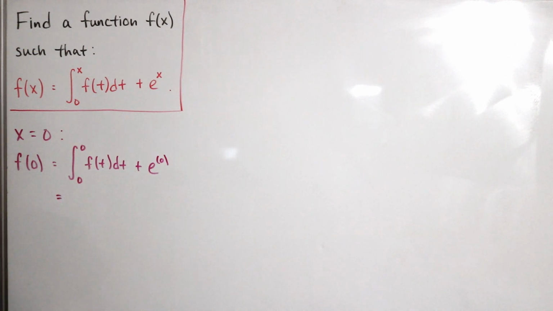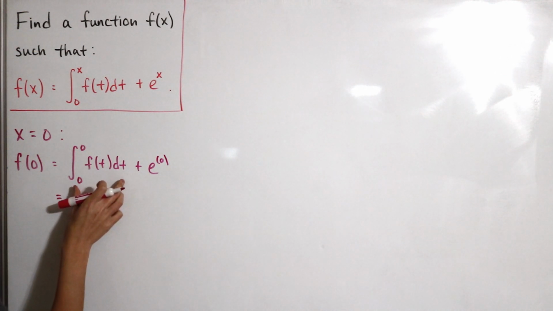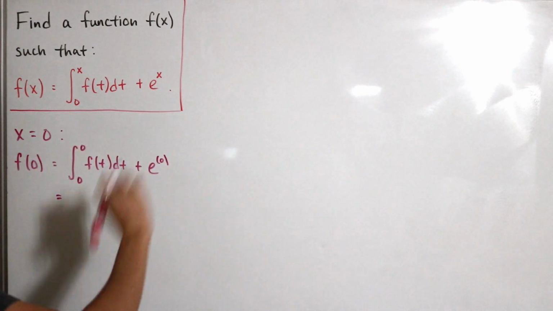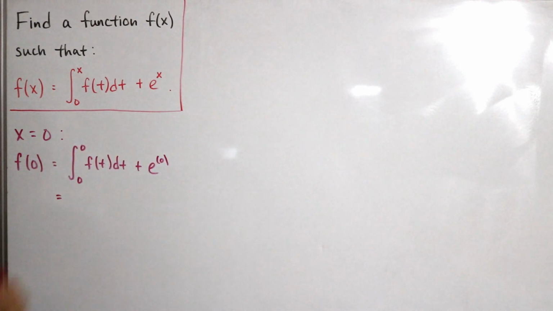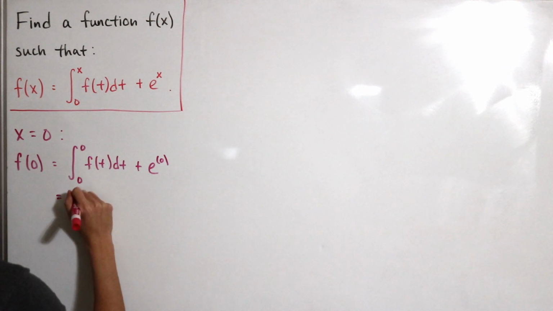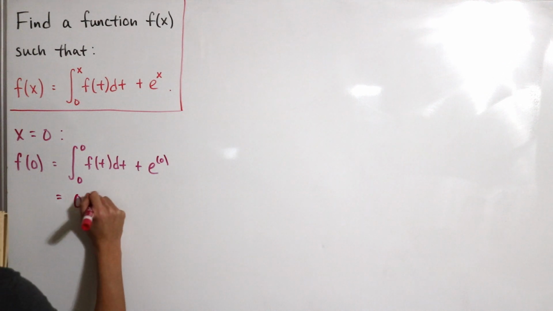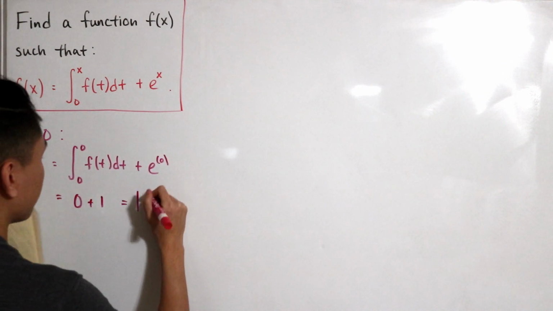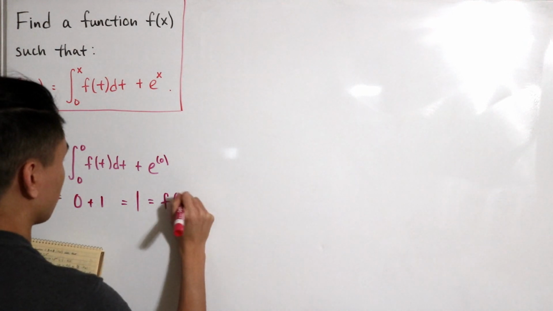What that would mean is that if the integral's limits are the same number, you're not accounting for any area, so no area is being calculated, and therefore it's just 0 for this term right here. Then add this with e to the power 0, which is 1, and therefore that shows that f of 0 is equal to 1.